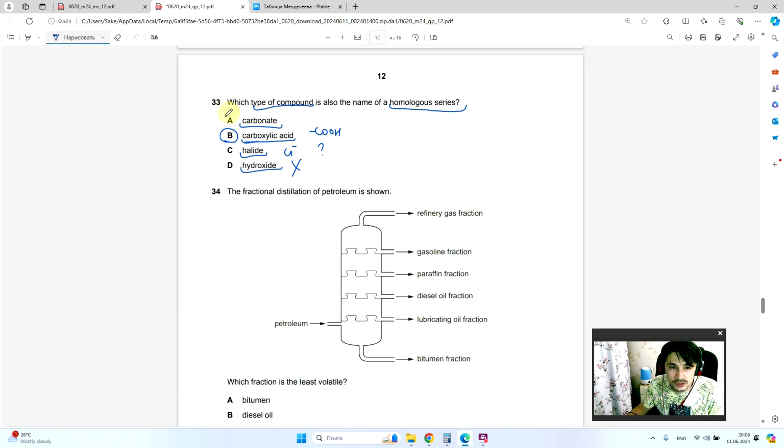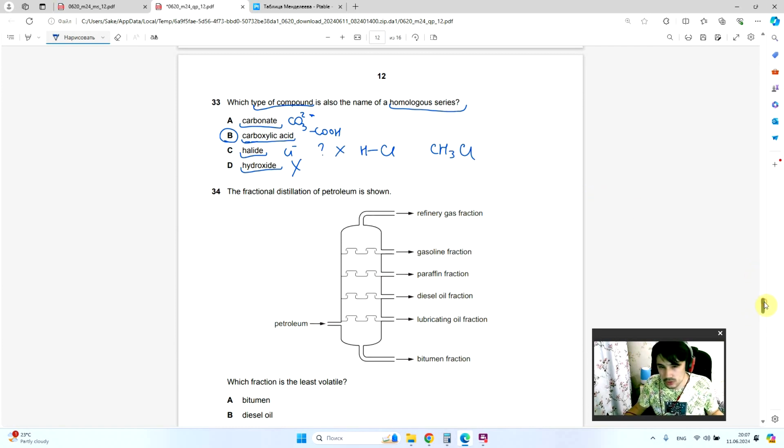Carbonates, this option is not referring to homologous series because the idea of homologous series is applied in organic chemistry. Carbonates are for inorganic chemistry. So why are halides under question mark? Halide can also be a halide of hydrogen, or it can be a halide of alkane, but we don't call them halides, we call them halogenoalkane. This is why I'm telling this is under question mark and this is not our option.